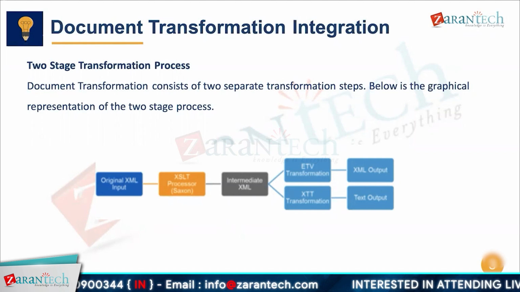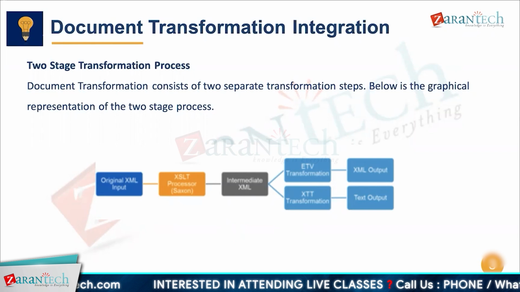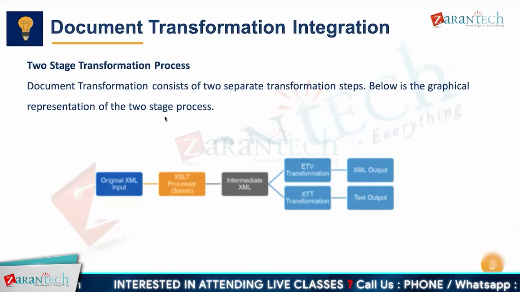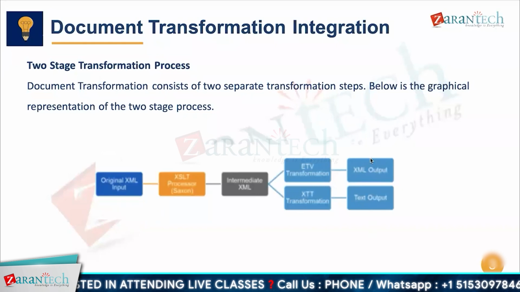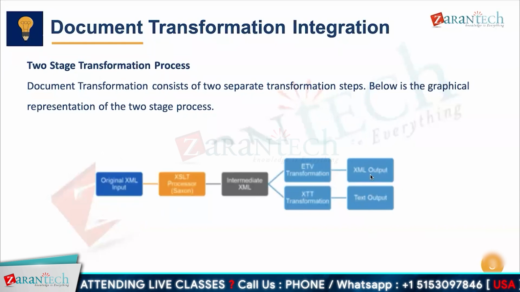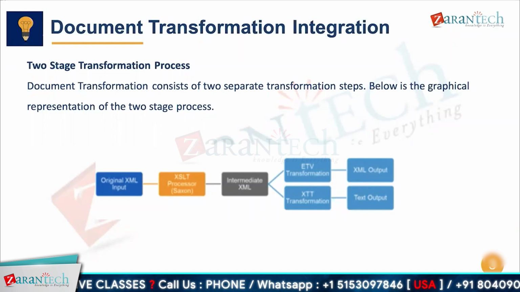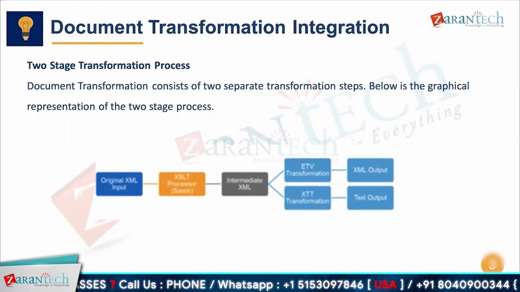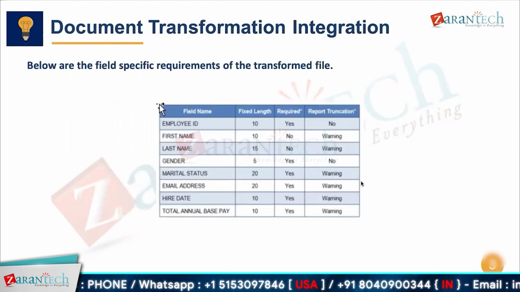Maybe we want it delivered to two different systems, and both systems understand different formats. So we are transforming the same input to two different formats. Again, we'll have to define in the process that we want it bifurcated and delivered to specific formats.